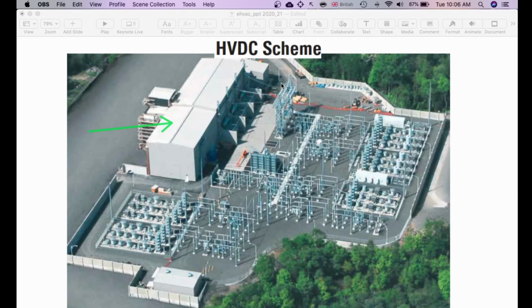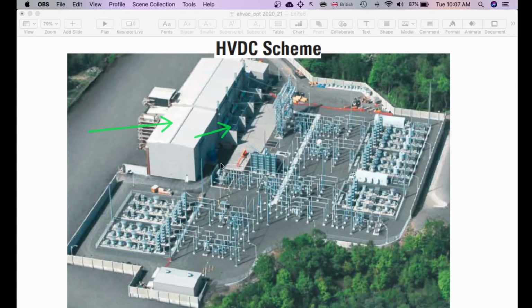That is a converter. Then just beside the converter, there are converter transformers installed. Rectifier will always require some amount of AC input, so that AC input will be provided through converter transformers. Then the next major elements visible here are in the switching yard.